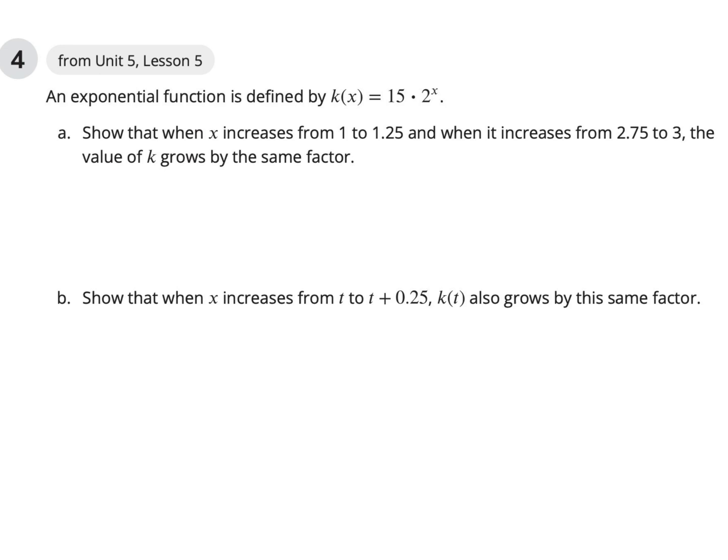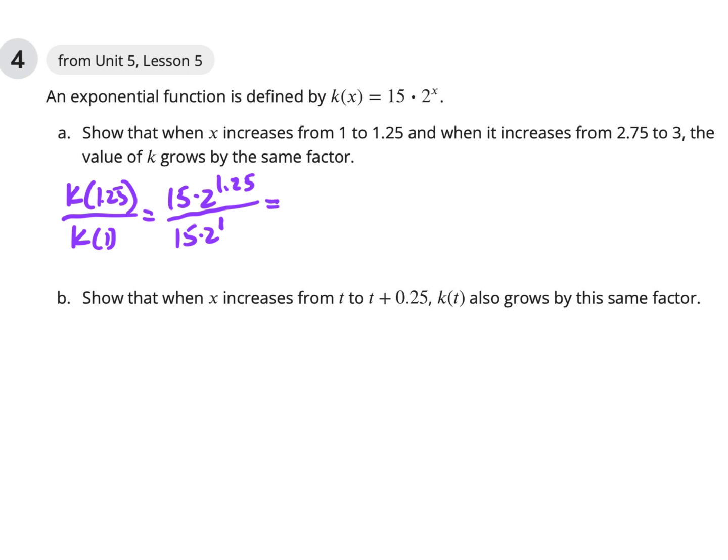All right. What they want us to do here is take k of 1.25 and divide it by k of 1, which gives us 15 times 2 to the 1.25 over 15 times 2 to the 1.